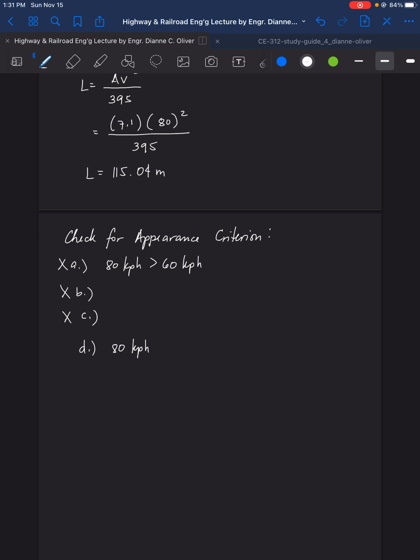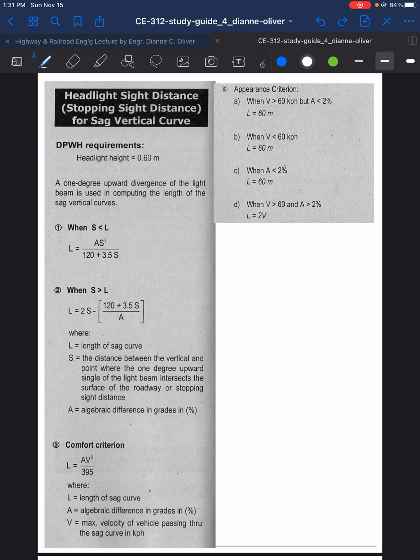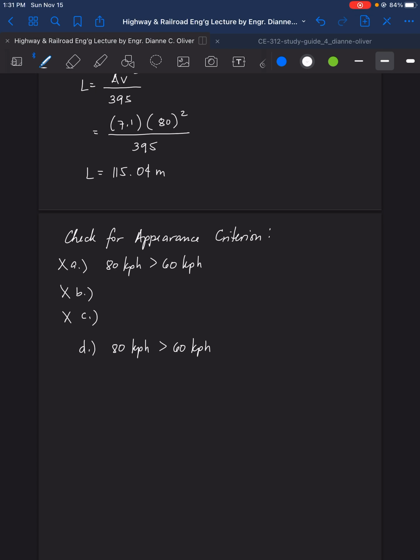Our design speed is 80 and it is greater than 60. And A is greater than 2%, and that is correct because our A is 7.1% greater than 2%. So we will be using D.